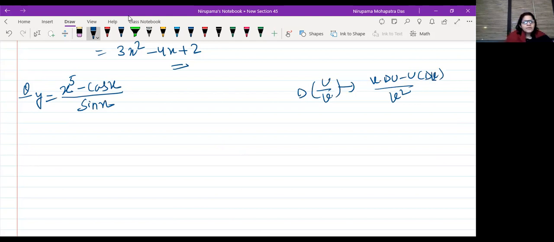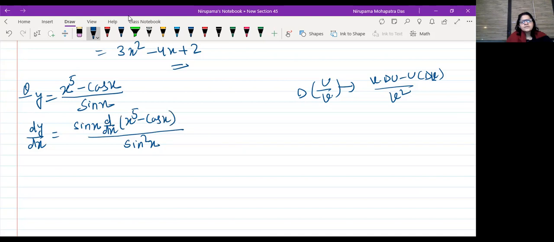So dy by dx equals, in the denominator, v square, that is your sin square x. Write here sin x into d by dx of (x to the power 5 minus cos x), minus (x to the power 5 minus cos x) into d by dx of sin x.